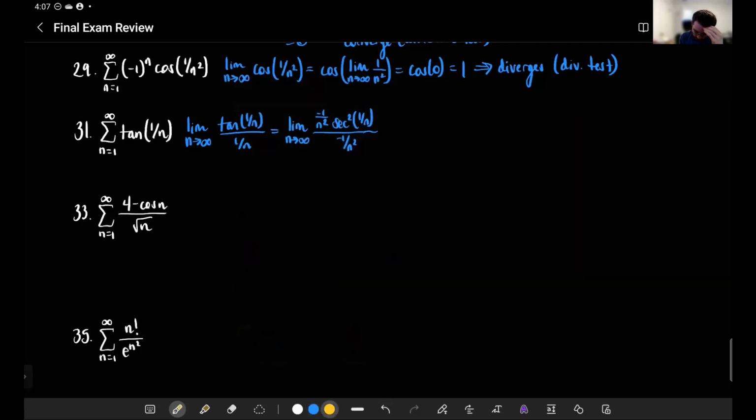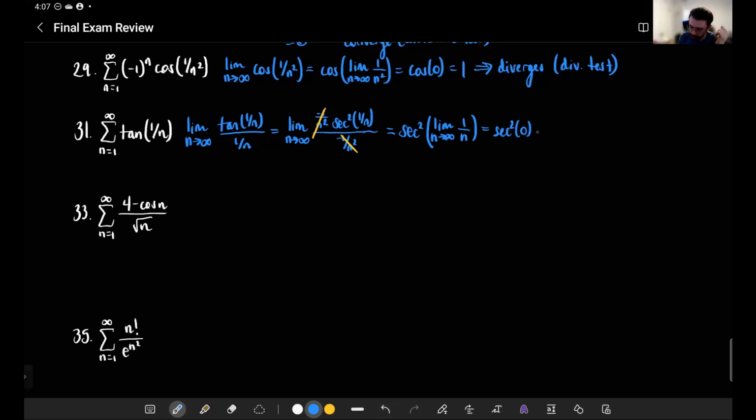So we get some cancellation here. And I'm just looking at the limit of secant squared of 1 over n. Again, I can push that limit inside. So this is secant squared of the limit of 1 over n. But the limit of 1 over n as n gets big is 0. So this is secant squared of 0.